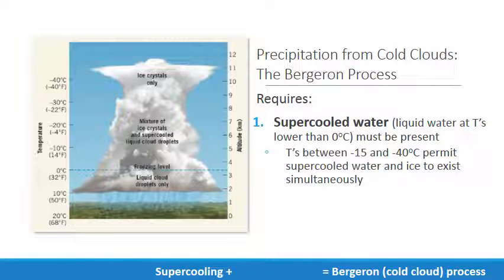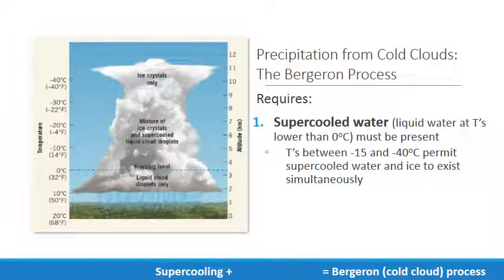The Bergeron process only operates in clouds that are considered to be cold. So this is a cold cloud process, and that's temperatures below 0 degrees C, where liquid cloud droplets and ice crystals can coexist.